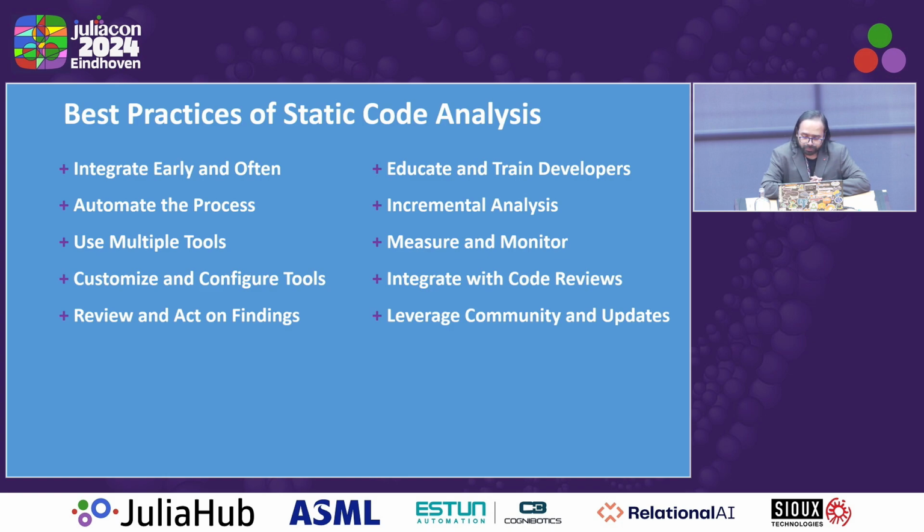Then automate the process to run the static analysis tools on code commits and pull requests, etc. Then use multiple tools, because a single tool may not be sufficient to detect all the problems. Tools will have limitations, so it is better to use multiple tools, and depending on our objective, we can select the tool.